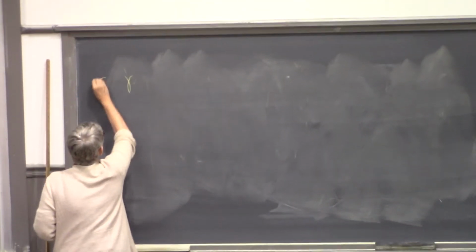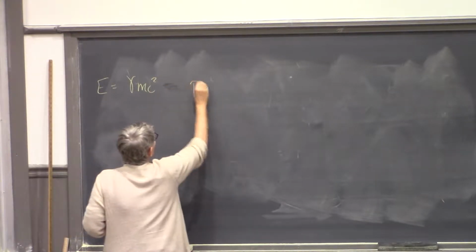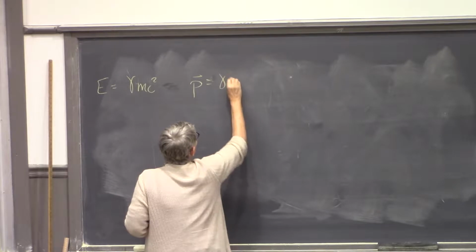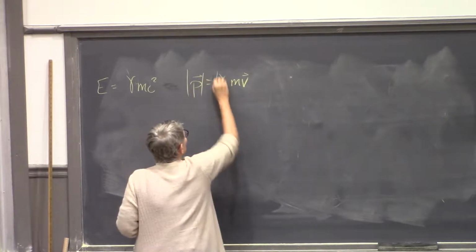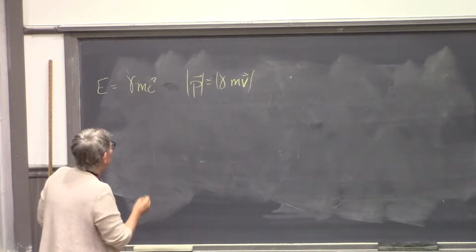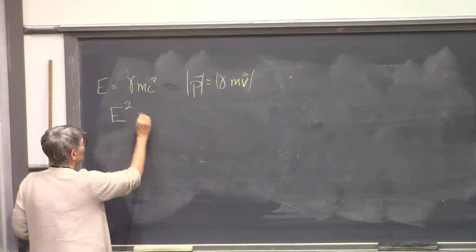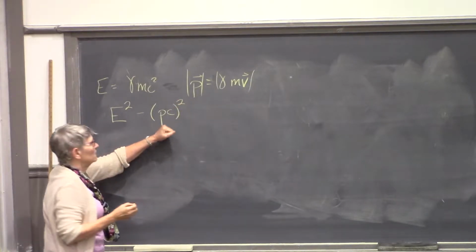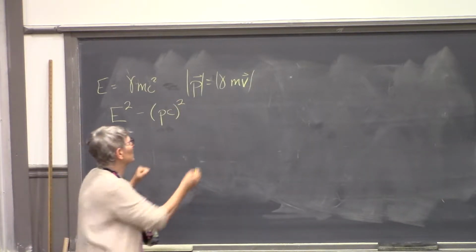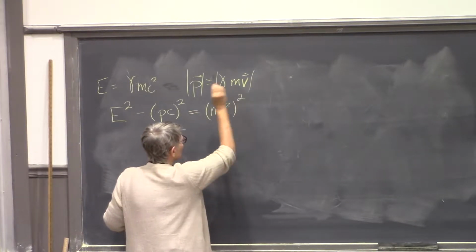Well, an equation that you can derive starting from energy equals gamma mc squared and momentum equals gamma mv is the relationship for any object: the total energy squared minus the product of the magnitude of the momentum times the speed of light, squared, is equal to mc squared, squared.